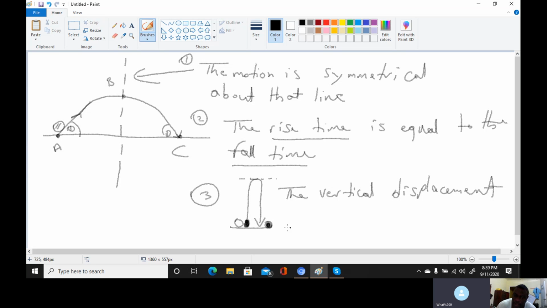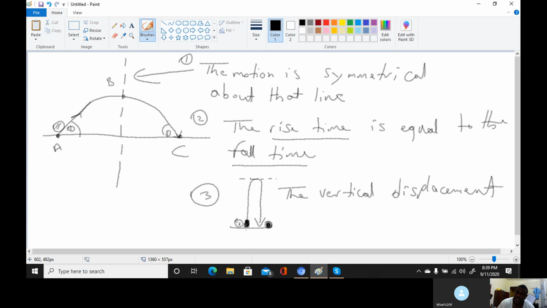Well, yeah, it goes back to the exact same position. It's just that for ease of drawing it on paper, I had to draw the position a little bit offset. But it goes up and comes back down in the same line. So it only displaces upwards.